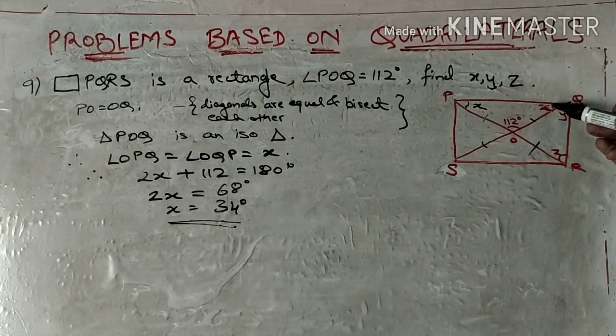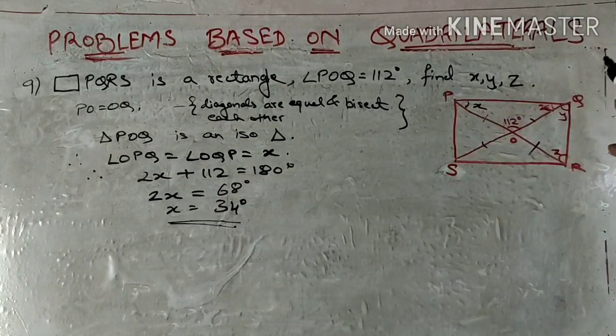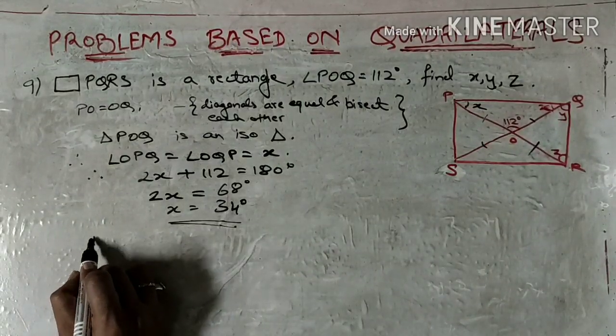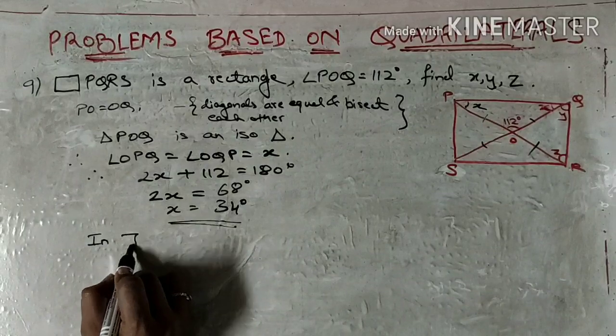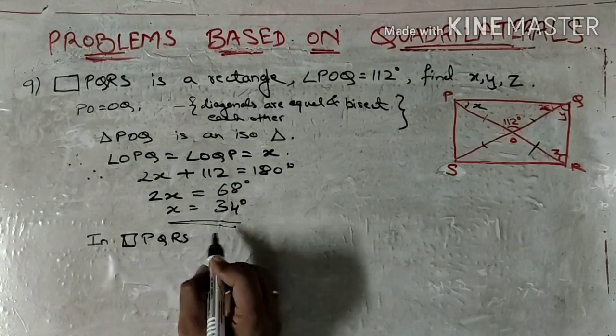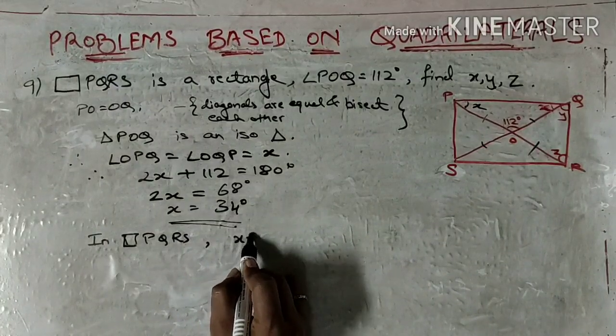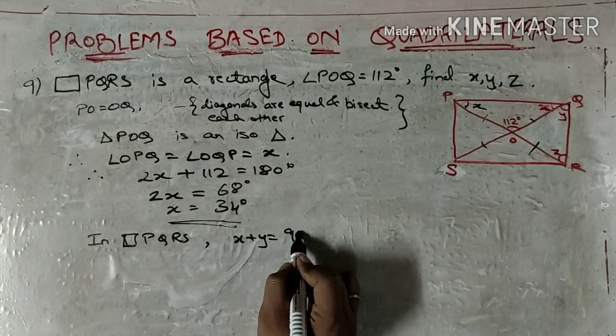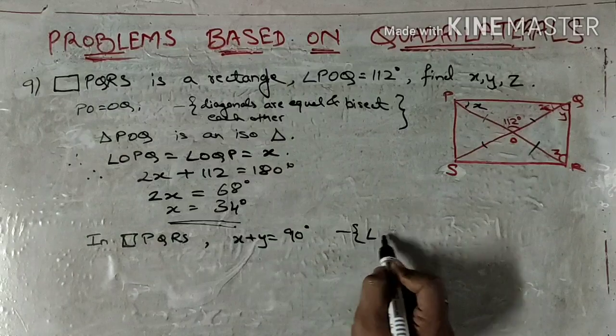Now since we know X, can we find Y? Yes, because X plus Y together gives me 90 degrees because the angles of a rectangle are 90 degrees. So in quadrilateral PQRS, X plus Y is equal to 90 degrees, angle of a rectangle.